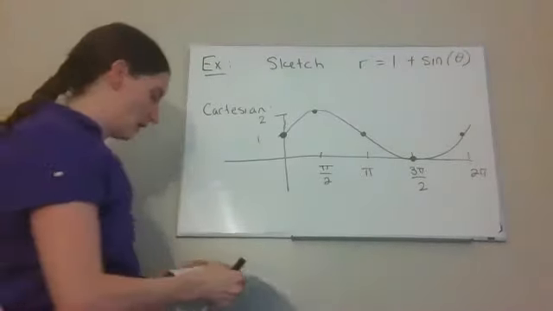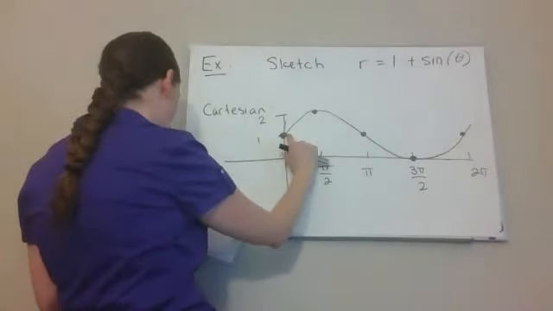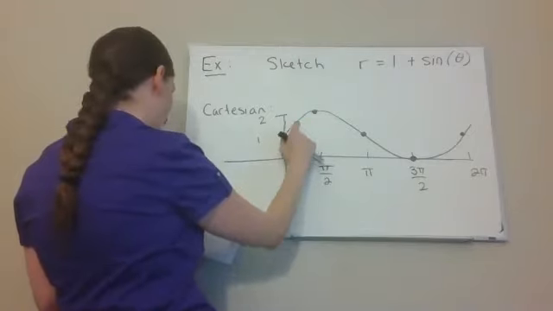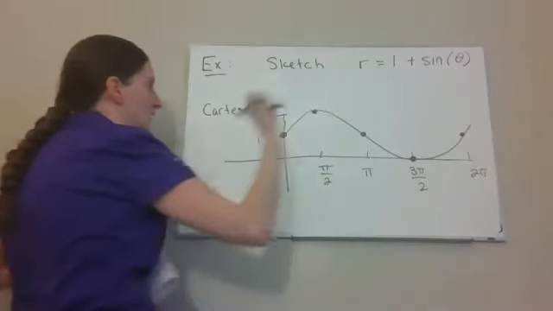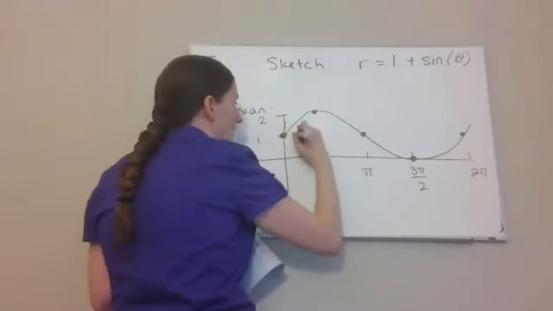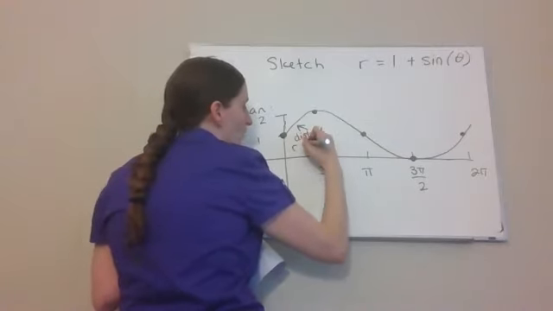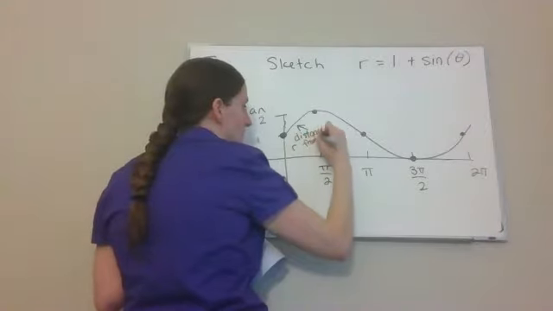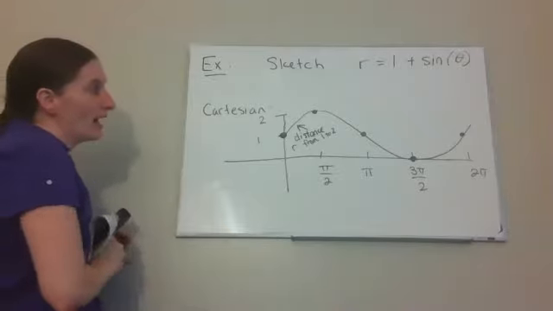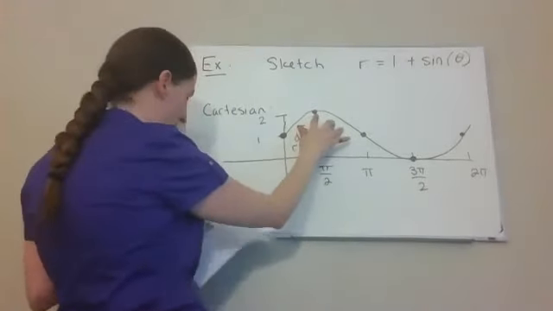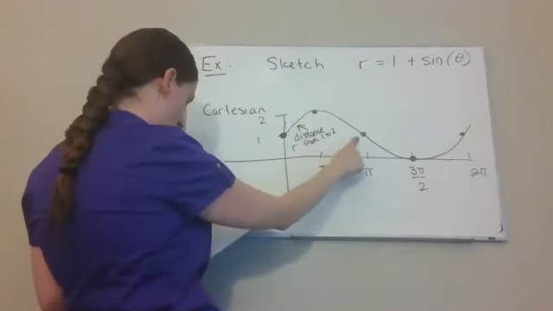What we should notice, though, is when my theta increases from 0 to pi over 2, my distance from the origin is increasing from 1 to 2. So here my distance, r, changes from 1 to 2. Between pi over 2 and pi, my distance from the origin is decreasing from 2 to 1.